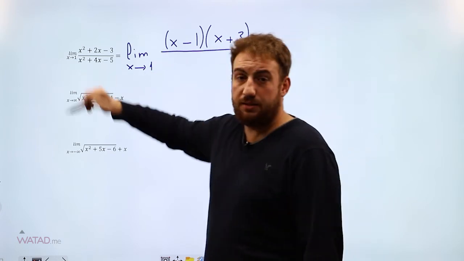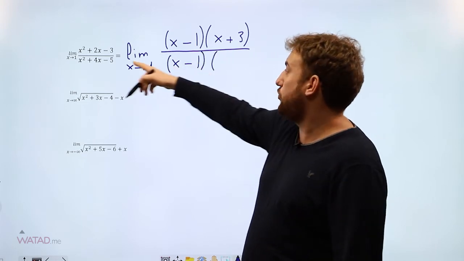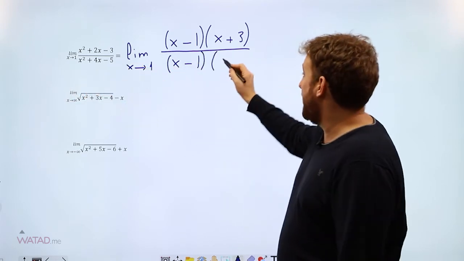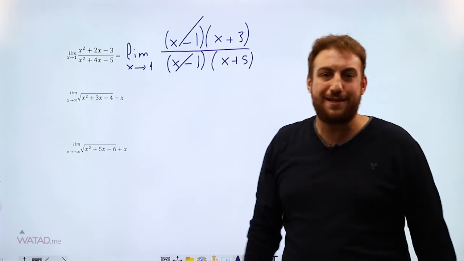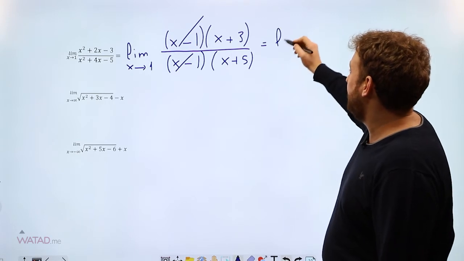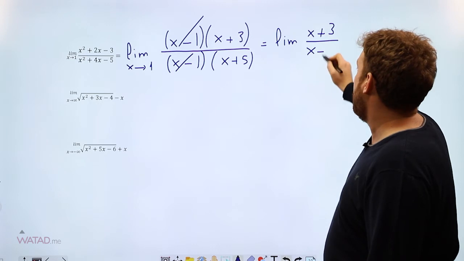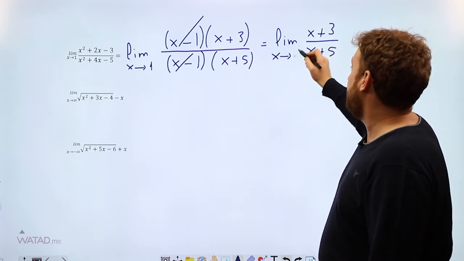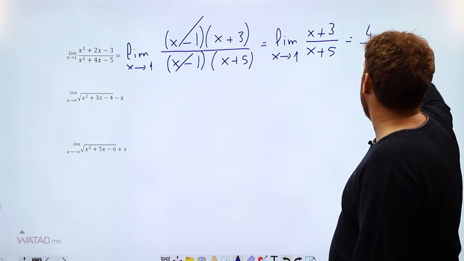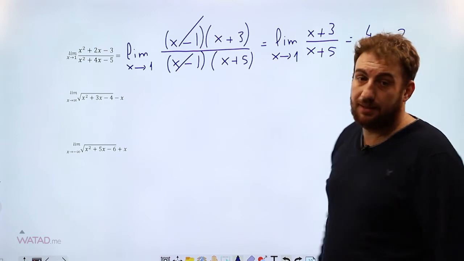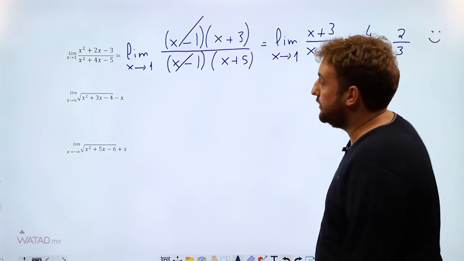Over here the first root is 1, so you will have x minus 1, and the second root is minus 5, so you will have x plus 5. And again, we are happy, those will cancel, and we're going to have the limit of x plus 3 over x plus 5. And if you replace here your number 1, you will see that you will have 4 over 6, which is 2 over 3, which is not an indeterminate form, and we are happy.